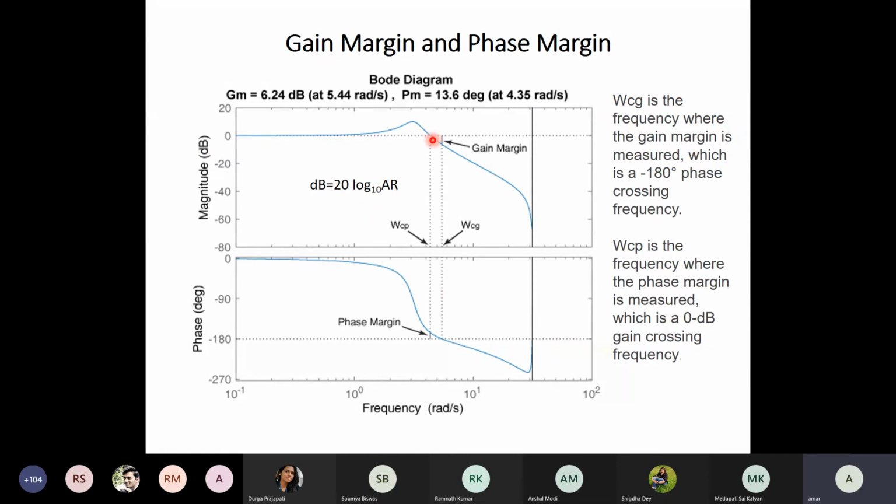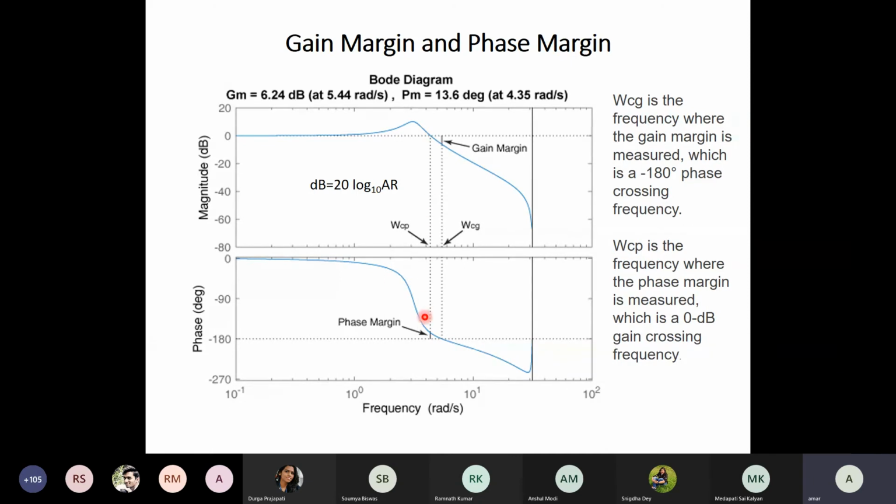So this is the frequency point where AR equals 1. The magnitude is given here in terms of dB, which is nothing but 20 log 10 AR. So AR equals 1 over here, and this frequency is nothing but the gain crossover frequency.